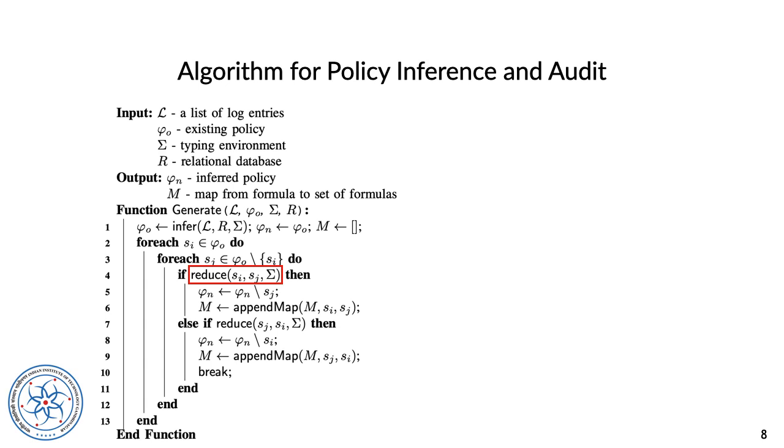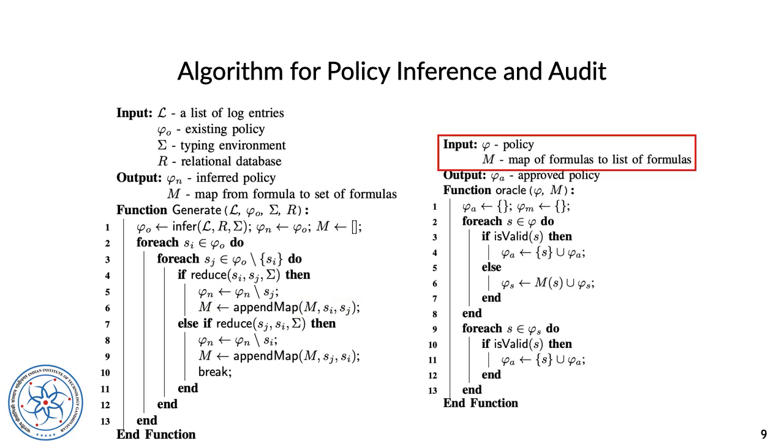That is, if you have two formulas, let's say S1 and S2, and S1 is a stricter version of the formula S2, the function returns true and adds a mapping from S2 to S1 in the map M, indicating that S2 is the formula that is inferred for log entries corresponding to both S1 and S2. This map is useful when validating the transaction using the oracle.